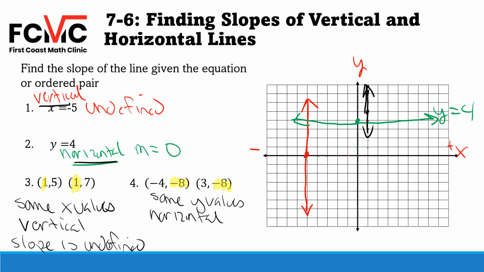Since it's a horizontal line, our slope is going to be 0, right? So if we plot these points, we're at negative 1, 2, 3, 4, 5, 6, 7, 8. We're going to be down here, 1, 2, 3, and 4. So our line's going to look something like this.